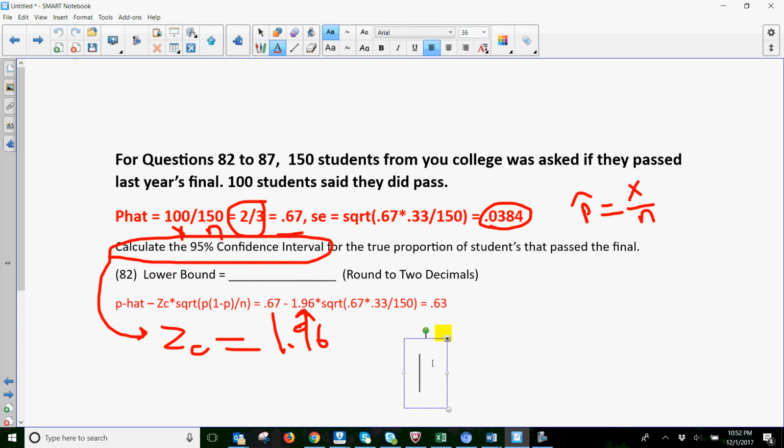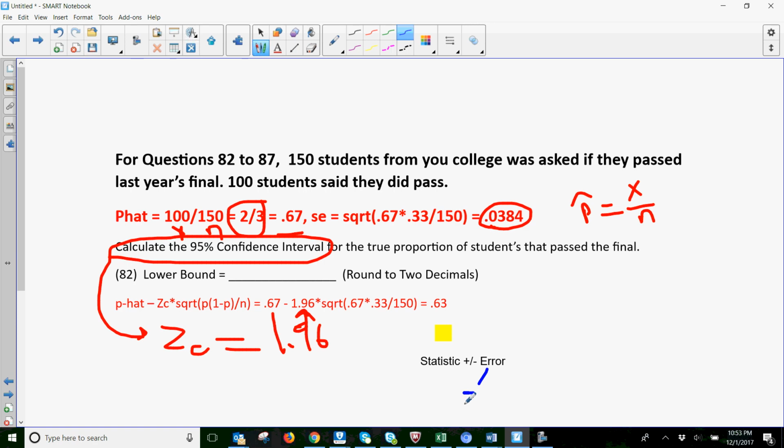You have some statistic, plus or minus some error, and that error is broken into the critical value for the confidence and some standard error.